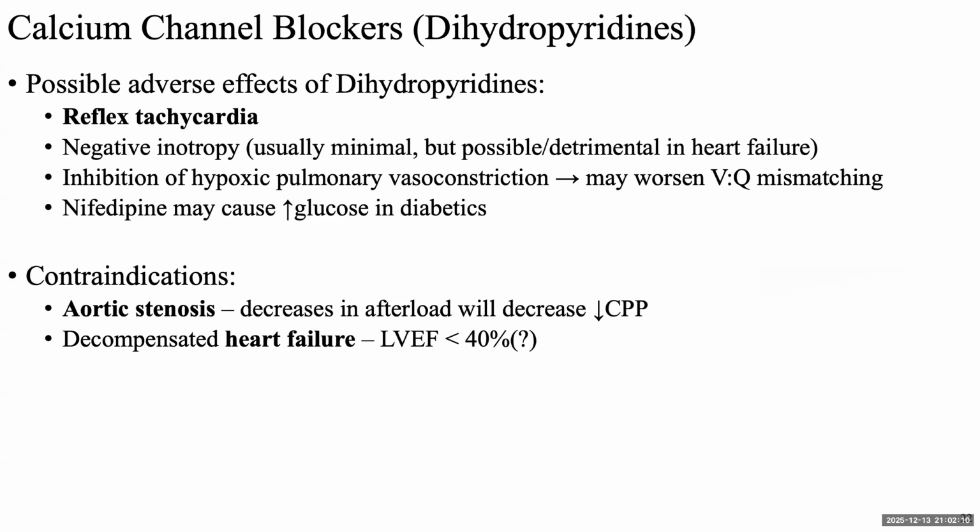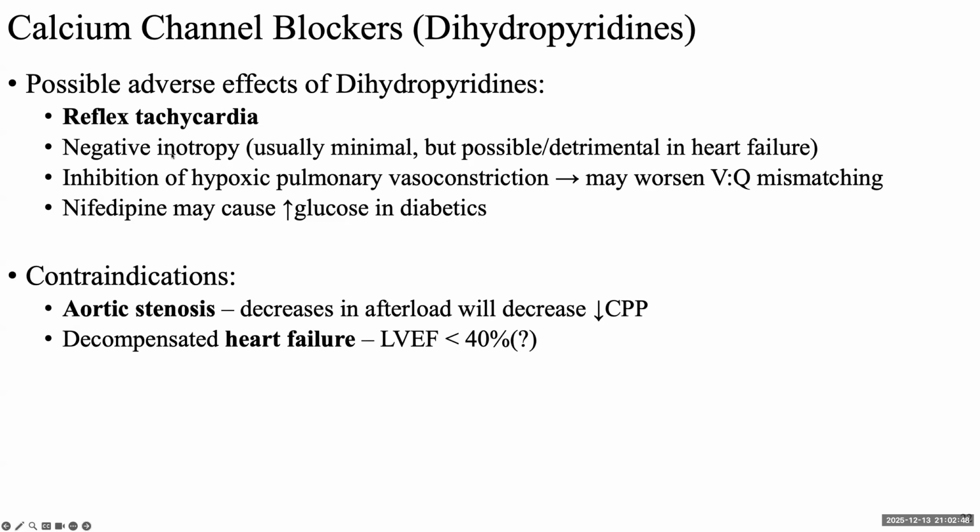Now, what are some possible adverse effects of our dihydropyridines? Reflex tachycardia is actually quite common. Again, you might see negative inotropy in theory because there might be a tiny bit of overlap in calcium channel blocking activity, but this is usually minimal unless you have a patient who is at high risk of heart failure, then it's possible there, and it would also be very detrimental in those patients.